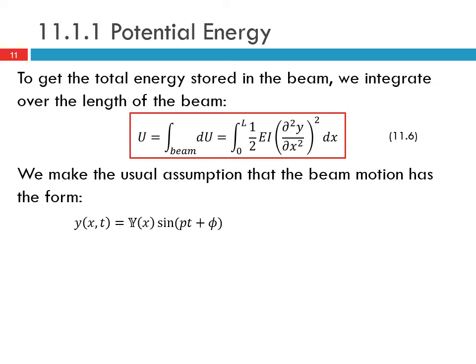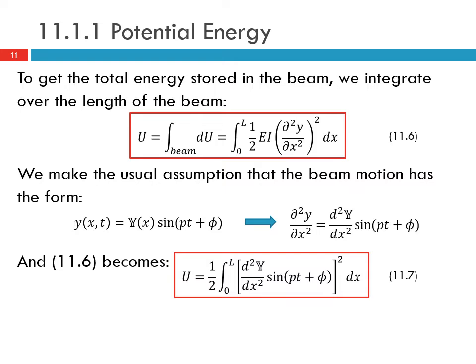And we make the usual assumption that the beam motion has the form y of x and t is this function Y of x times the harmonic motion sine(pt plus phi). So then taking the partial derivative, d2y by dx squared is the total derivative d2 capital Y by dx squared times sine(pt plus phi).